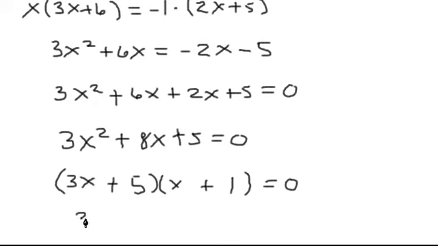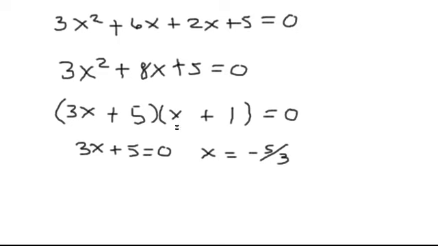So now we set both these factors equal to 0. And we have x is equal to negative 5/3, right? Bringing the 5 over, you get negative 5, and then moving the 3 diagonally down.